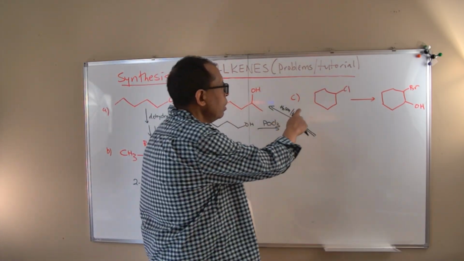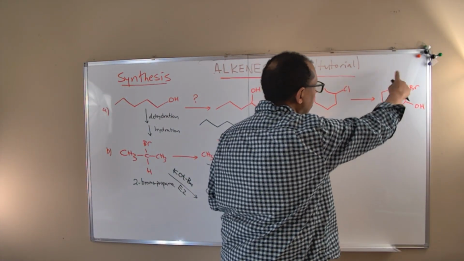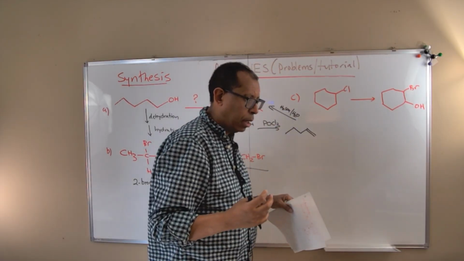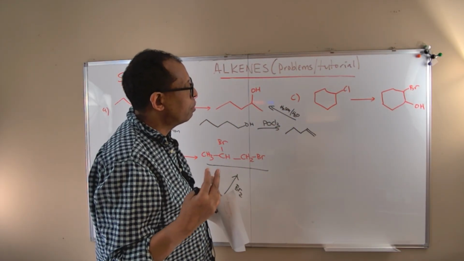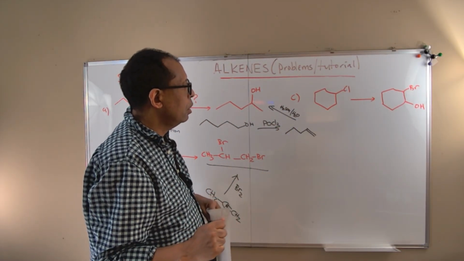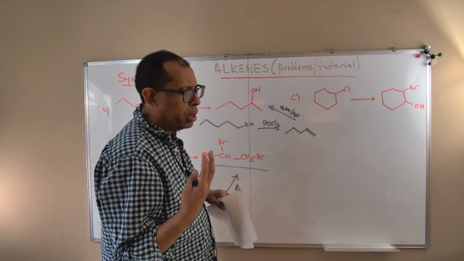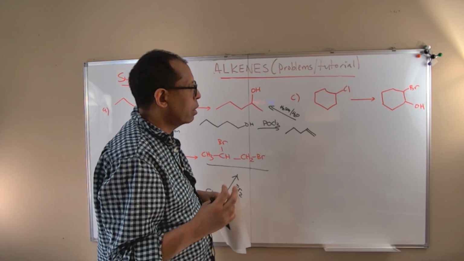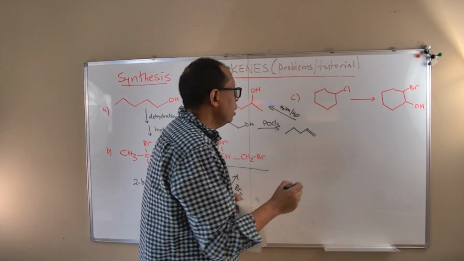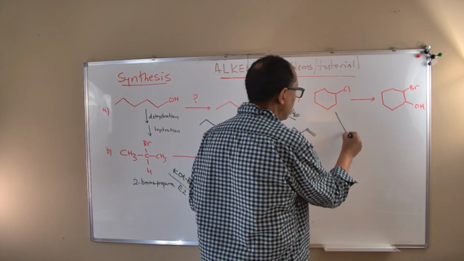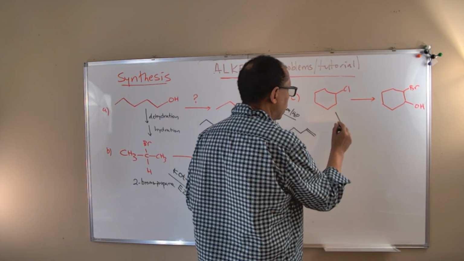Okay, C. If you see, the product is a bromohydrin. How do you synthesize bromohydrins? For bromohydrins, we remember alkenes can be transformed into bromohydrins. So again, what I'll do is eliminate to make an alkene here.